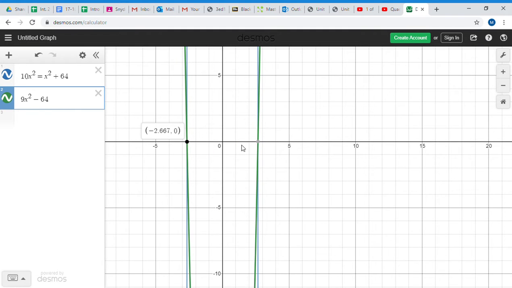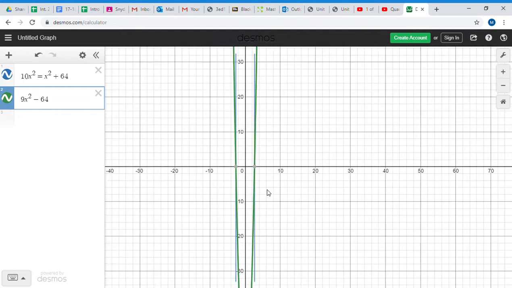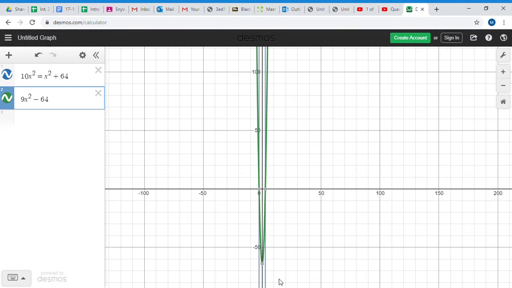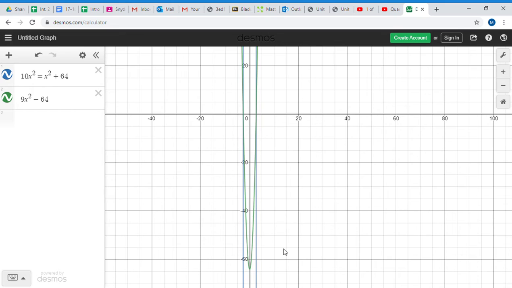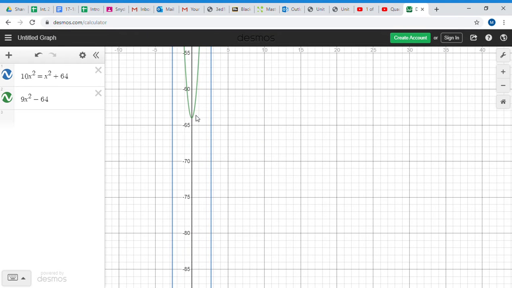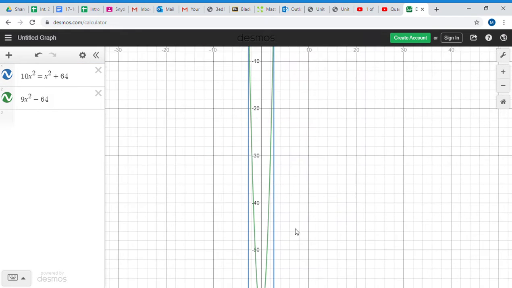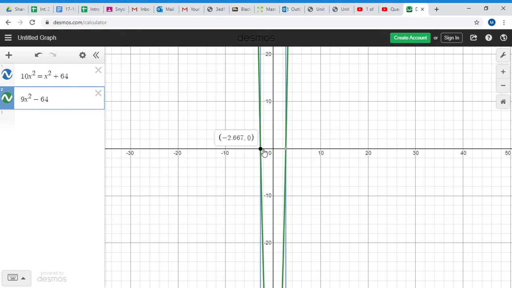And again, we got the same answers whether we write it as a parabola in the green. Okay, we can see the green there. That's our parabola. Here's our vertex. All right, our vertex at 0, negative 64. And our solutions up here at negative 2.667 and positive 2.667.